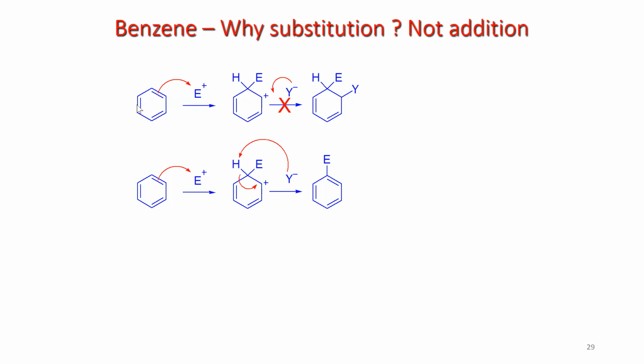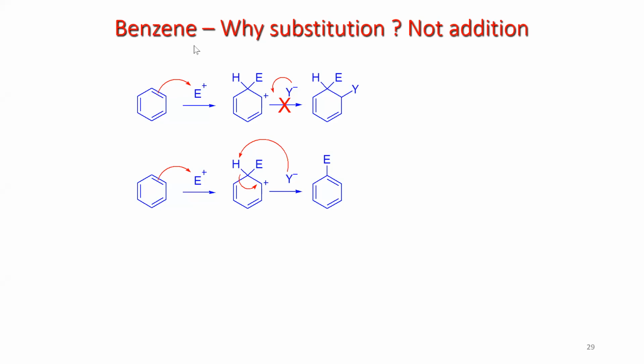You have 3 pi bonds. So 6 pi electrons are concentrated in this ring. So the density of electrons is more. So they can be donated to an electrophile, a species which likes electrons, right? So these electrons in the ring can be donated to this one.